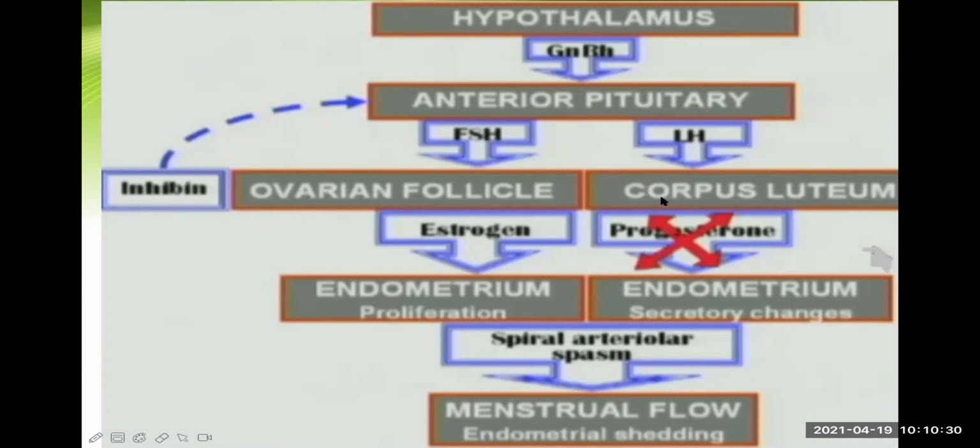But during that time, because we are talking about the late luteal phase, the corpus luteum will be degenerated, right? So there will be no synthesis of progesterone. So without synthesis of progesterone, there is spasm of the spiral arteries. At the same time, prostaglandins also play a very active role, resulting in menstrual flow. So this is the basic concept.